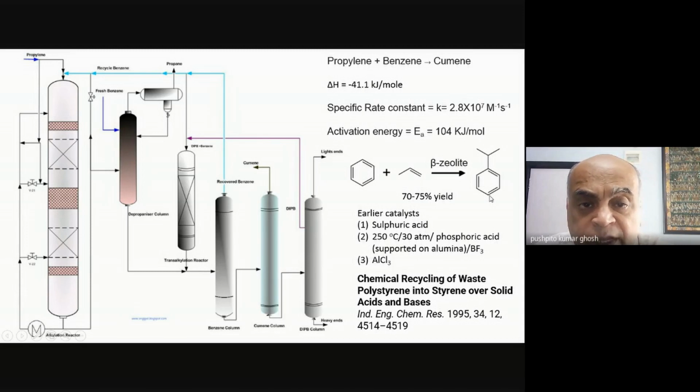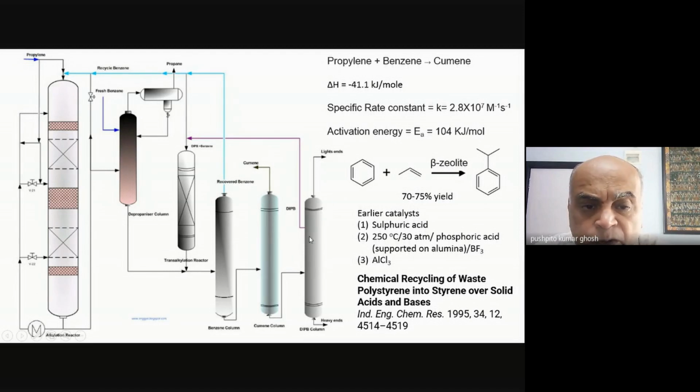Now, what happens is that many times, because I've got actually an excess of propene, I can also get a diisopropyl benzene, right? There can be another alkylation that takes place here, and that happens. You can't avoid it. So they end up getting a diisopropyl benzene, from which they might take out some of the volatiles.